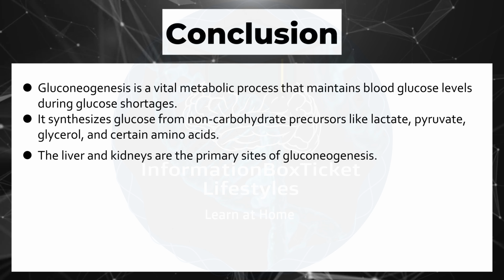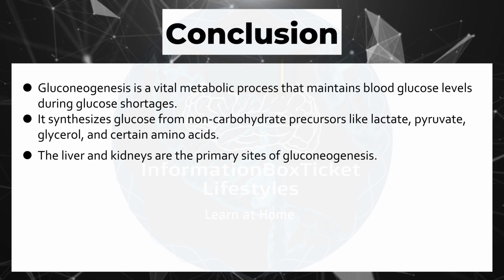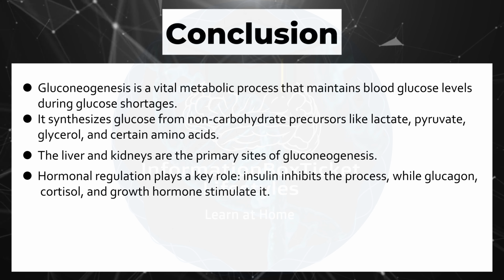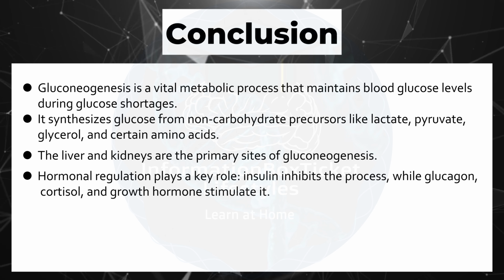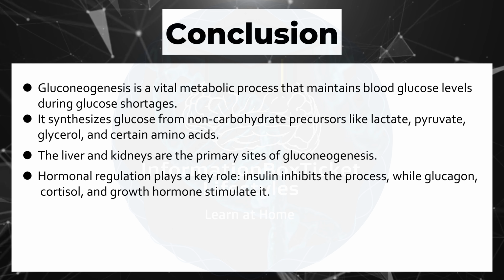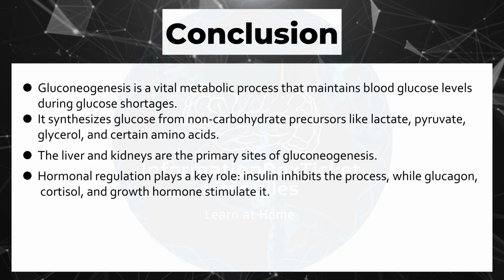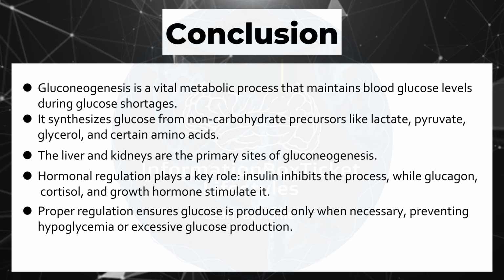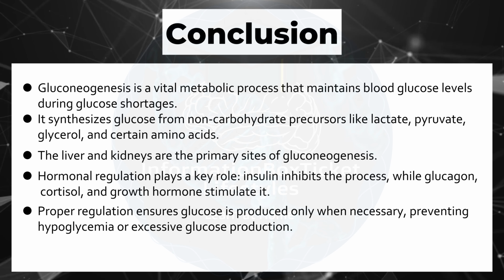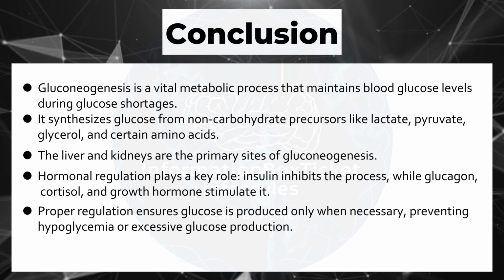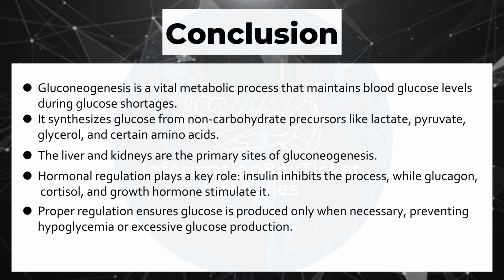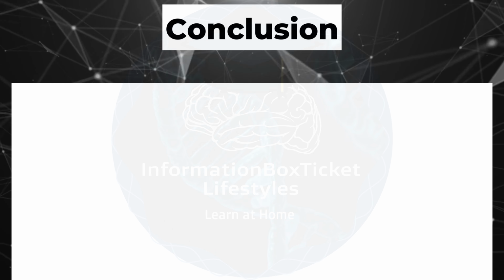The liver and kidneys are the primary sites of gluconeogenesis. Hormonal regulation plays a key role. Insulin inhibits the process, while glucagon, cortisol, and growth hormone stimulate it. Proper regulation ensures glucose is produced only when necessary, preventing hypoglycemia or excessive glucose production.